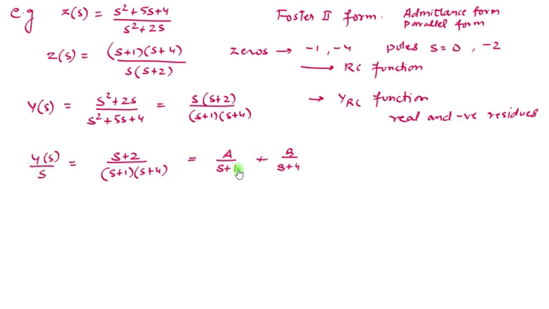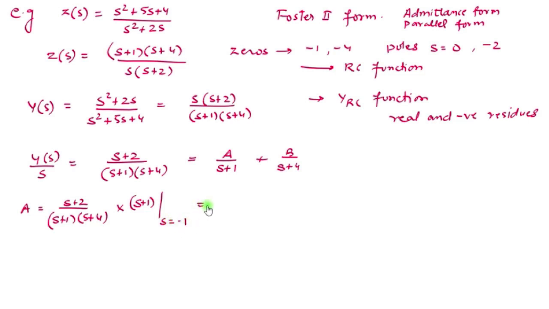Now let us calculate the values of A and B. A will be equal to multiplying this function, (s+2)/((s+1)(s+4)), with the pole term s+1 and substituting s equal to minus 1.